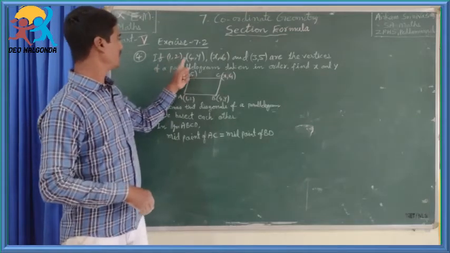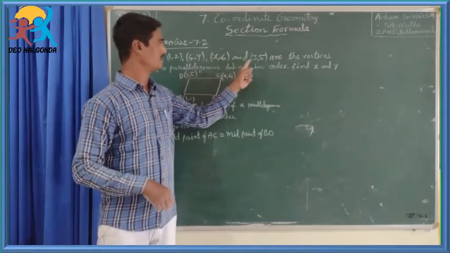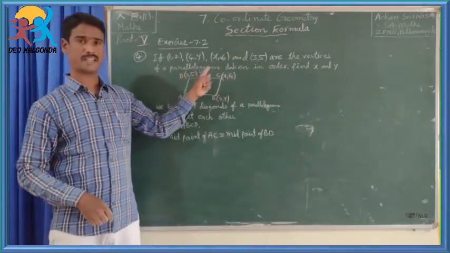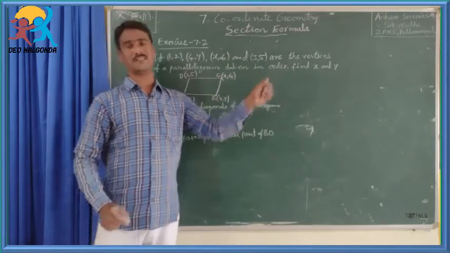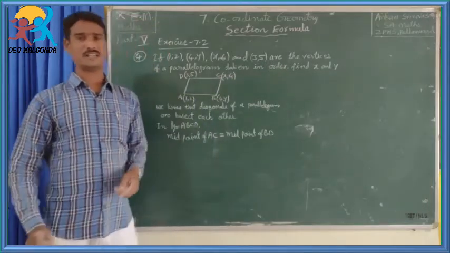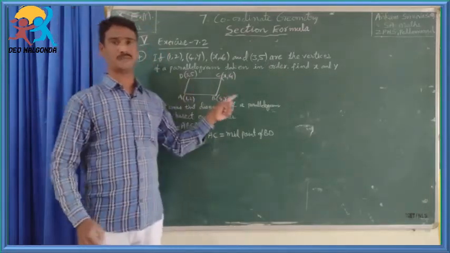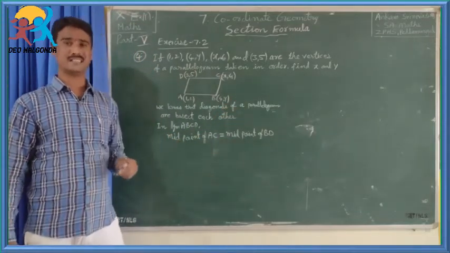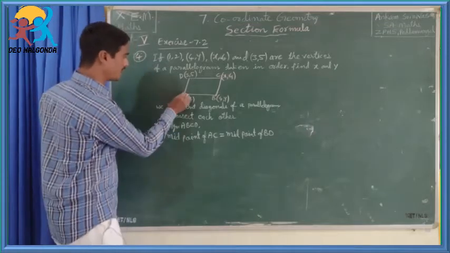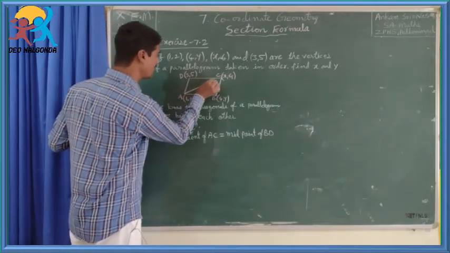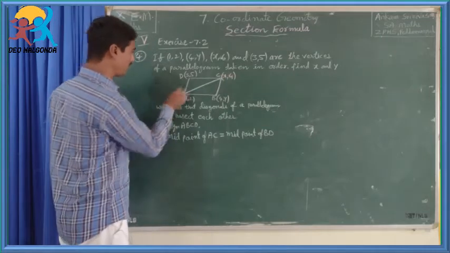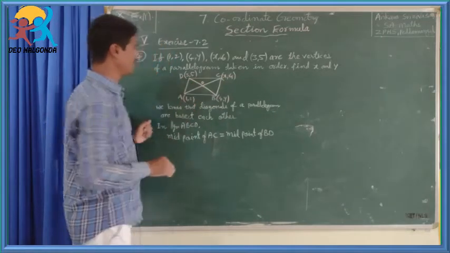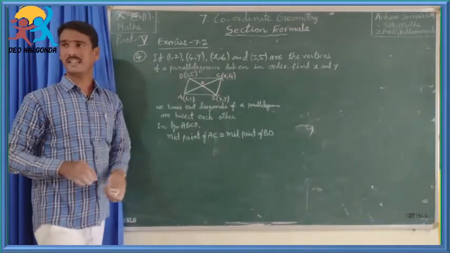If (1, 2), (4, y), (x, 6) and (3, 5) are the vertices of a parallelogram taken in order, find x and y. We know the property of a parallelogram: the diagonals bisect each other. The diagonal AC and diagonal BD intersect at O, and these two bisect each other.